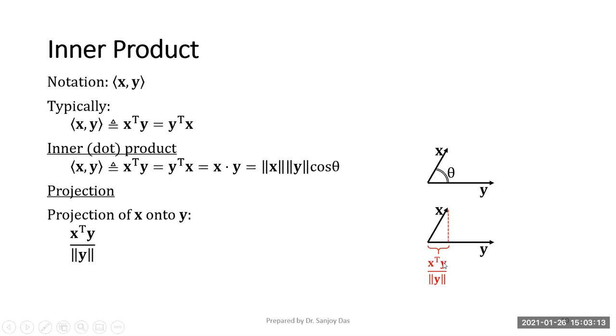So x transpose y divided by length of y is basically x cosine theta, in physics, in 2 or 3D, correct? But in general, for n dimensions, we say that the projection of x onto y is x transpose y divided by the L2 norm of y.